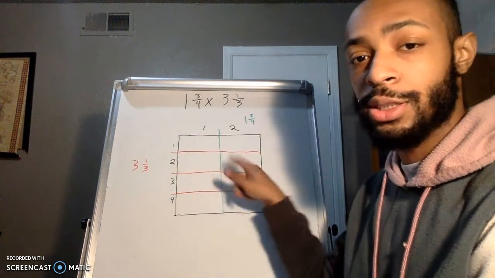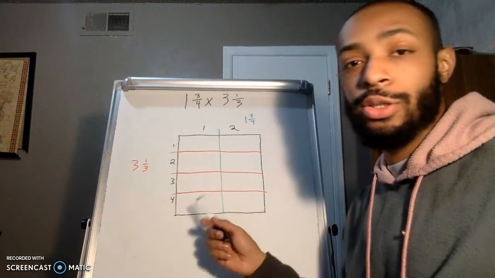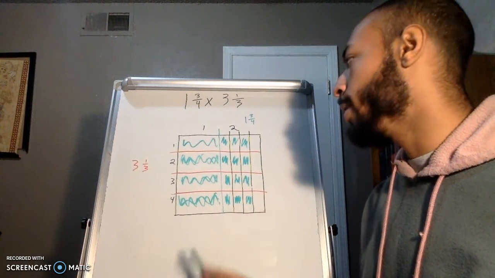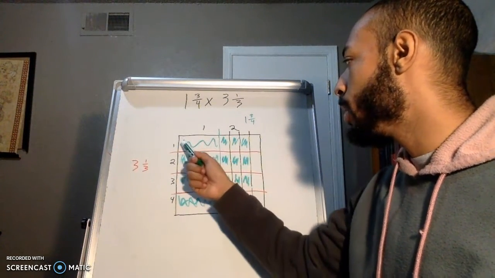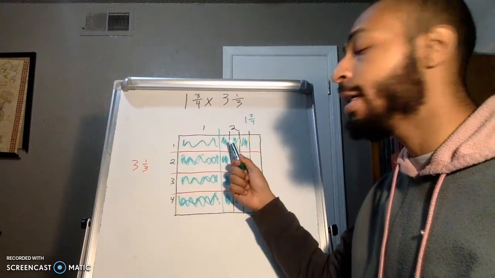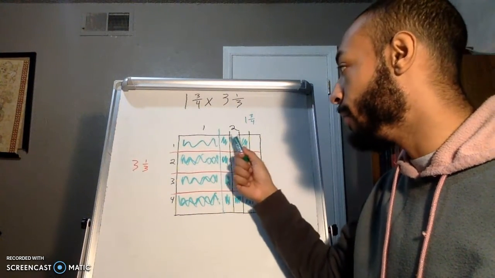So now I'm going to just draw my lines and fill it in and show you that. So first I'm going to show you this. I just colored in my 1 3/4. So I colored in one whole section, and then I divided the second section into 4s because I know I need 3 of them.